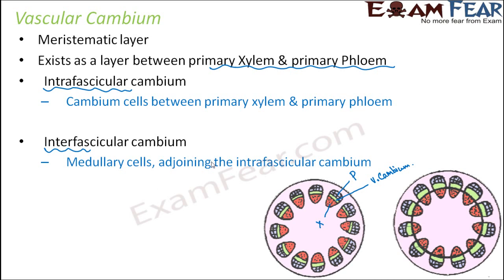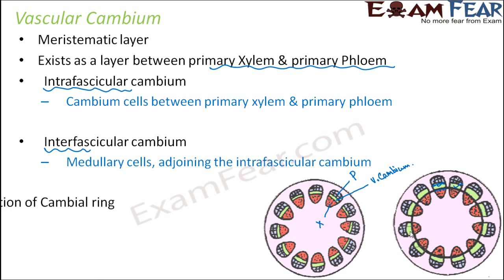The medullary cells adjoining the intrafascicular cambium. So this was your intrafascicular cambium. Now these two intrafascicular cambium are joined by these cells, and this forms a ring-like structure which is called interfascicular cambium.